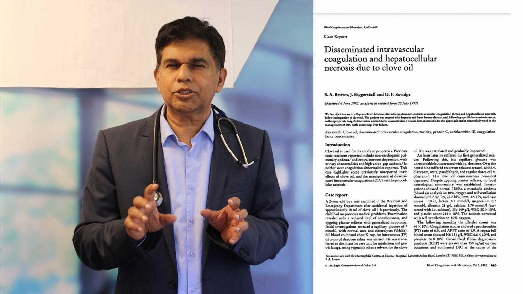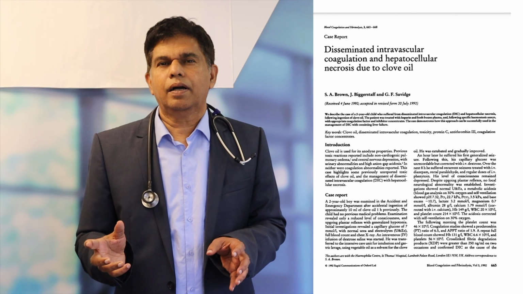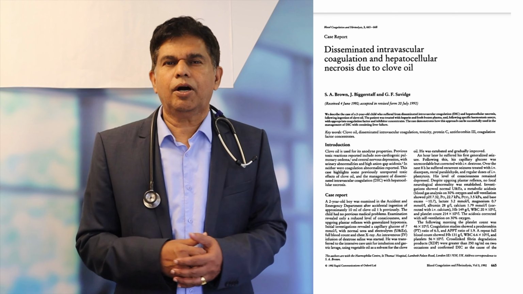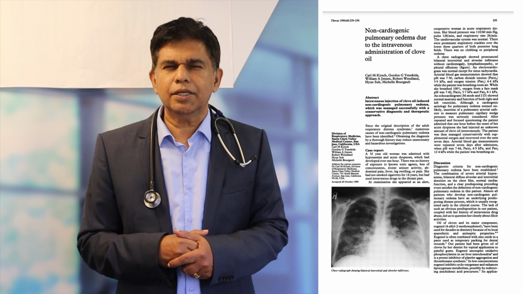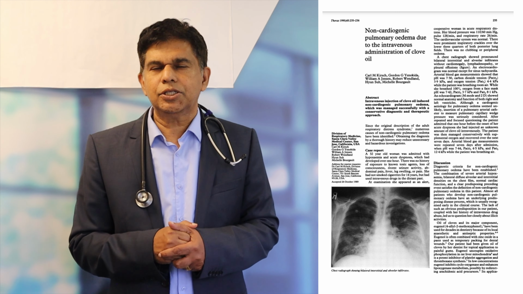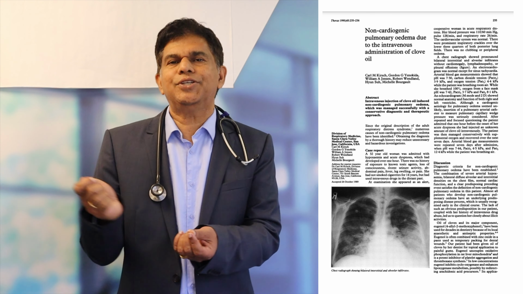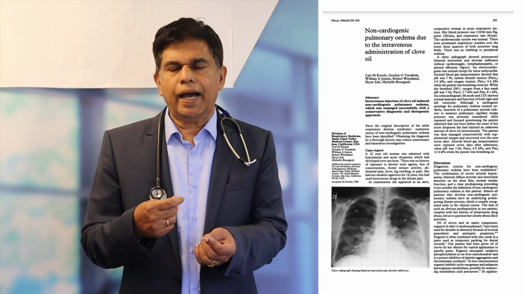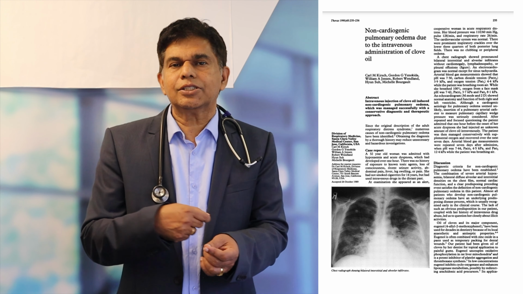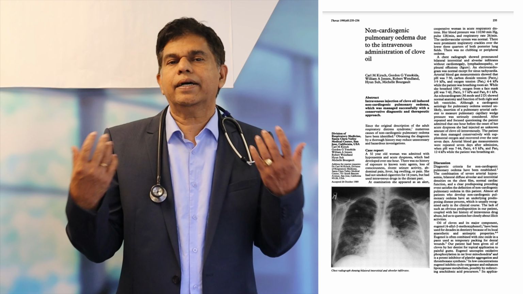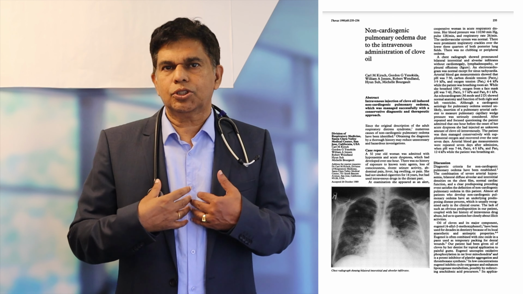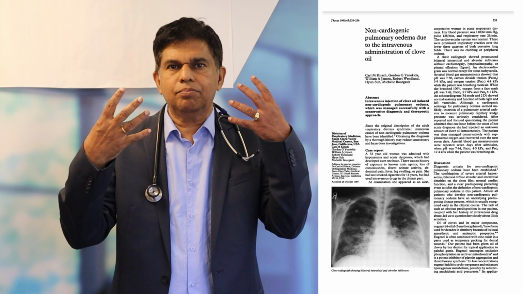All the blood products start breaking down. Massive reaction in the body. That's what happened. Okay. And the next case report was about a 32-year-old patient. This is kind of unusual. They took this clove oil and injected it intravenously, and then he went into massive pulmonary edema. That means the lungs start failing, fluids start building up.